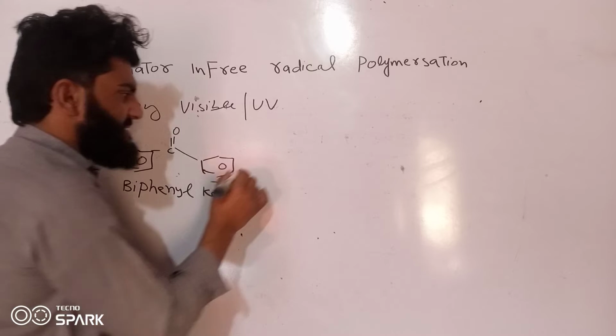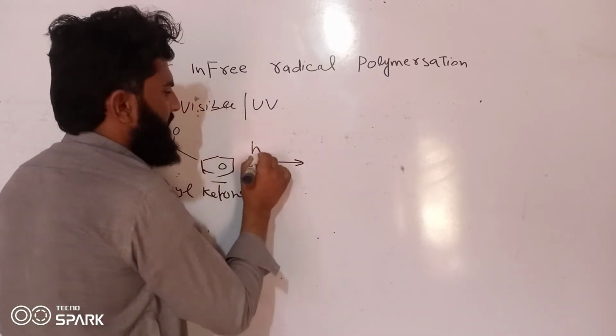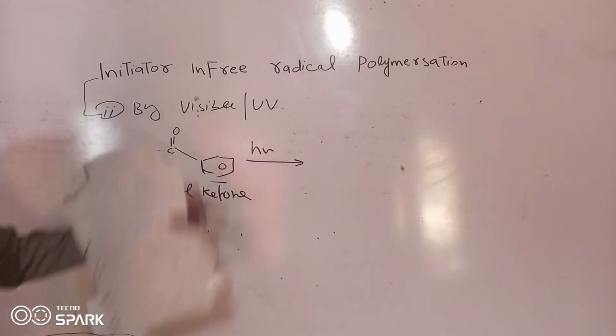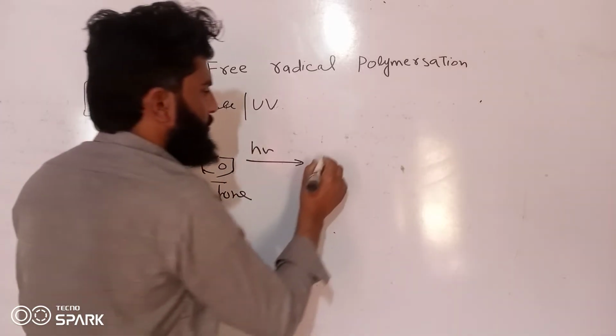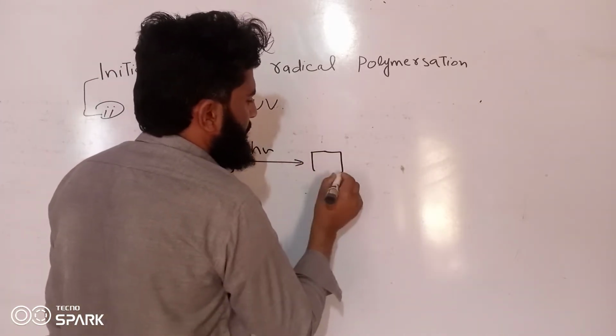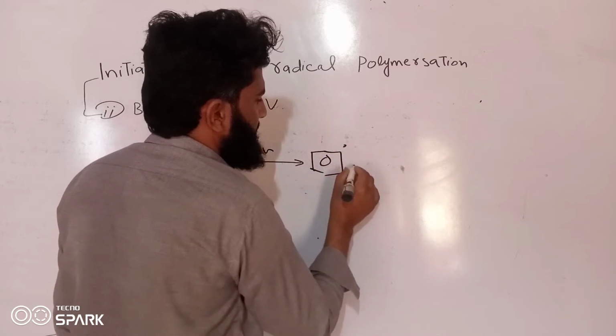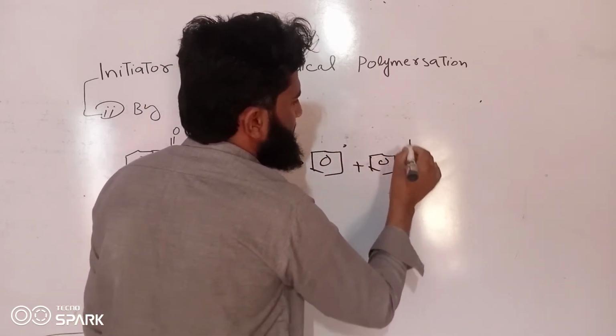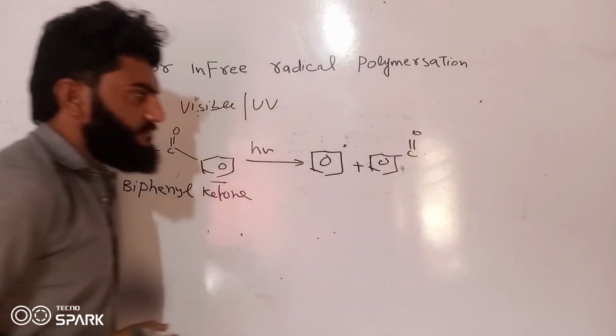So, in the presence of ultraviolet and visible radiation, what will form? We can get free radicals, that is this radical, and also we can get this radical.